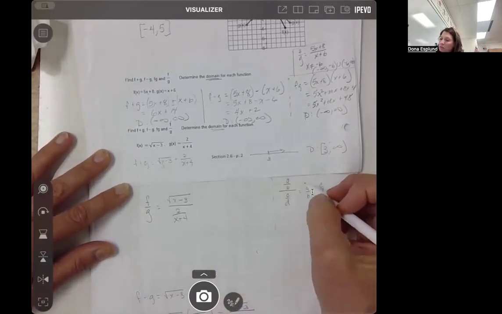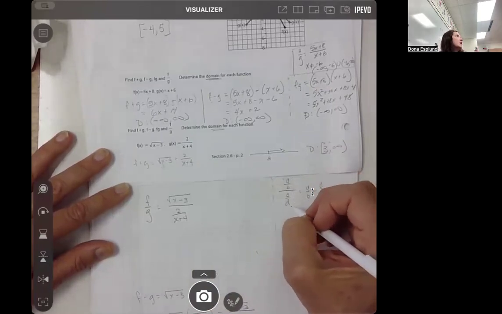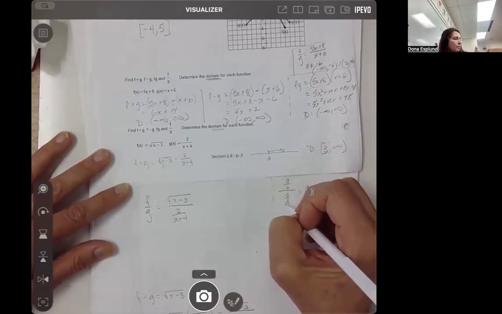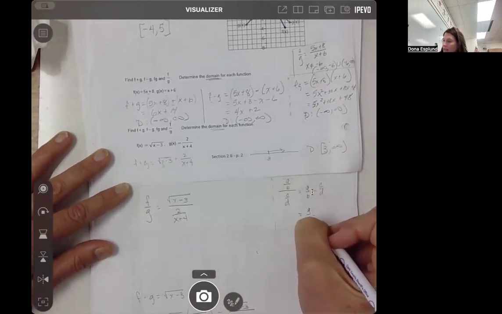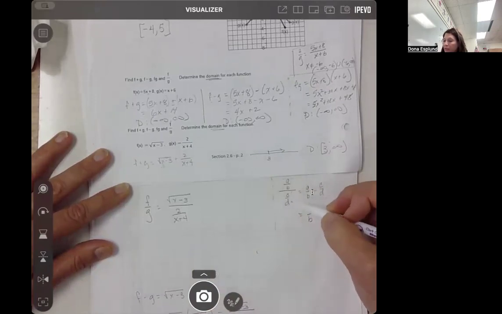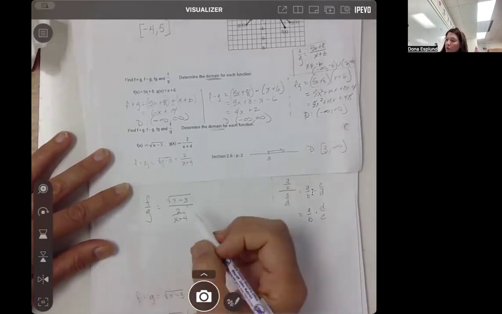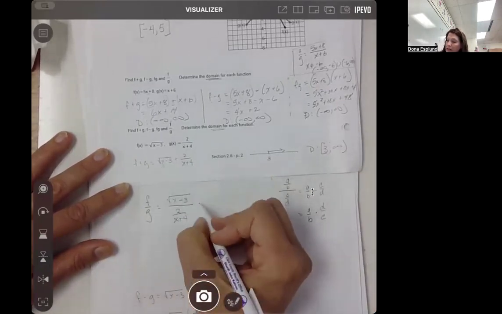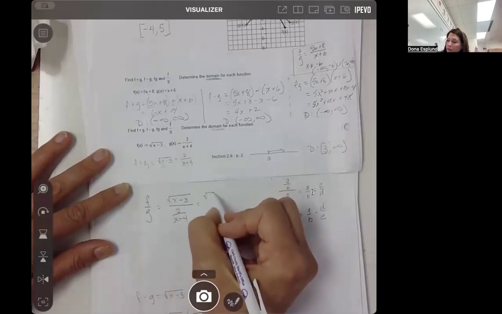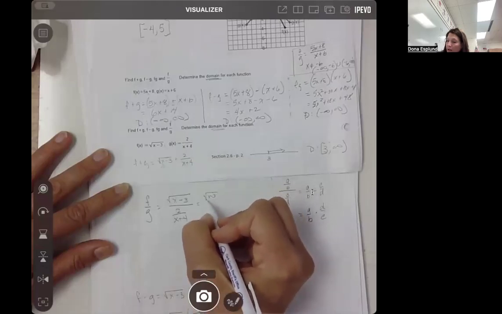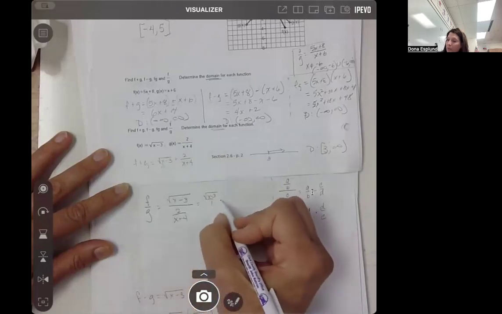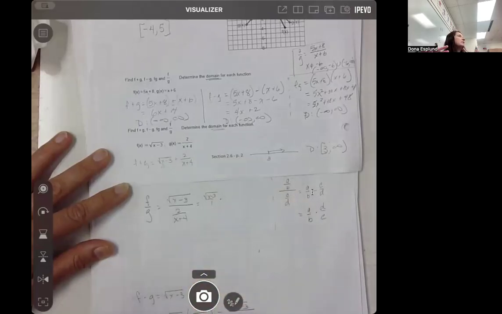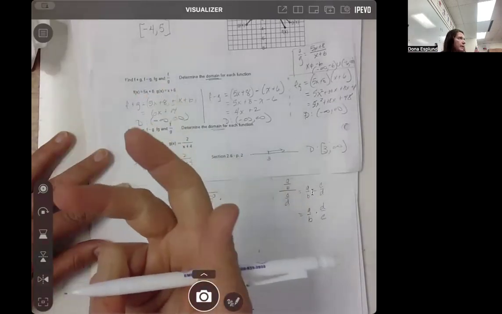What you want to do is multiply the top times the reciprocal of your bottom. So this should be a over b times the flip of this one, which is d over c. So when it's a little more complex, I still have the square root of x minus 3 over 1, because you can always put something over 1. But then I'm going to multiply it times the reciprocal of my denominator.